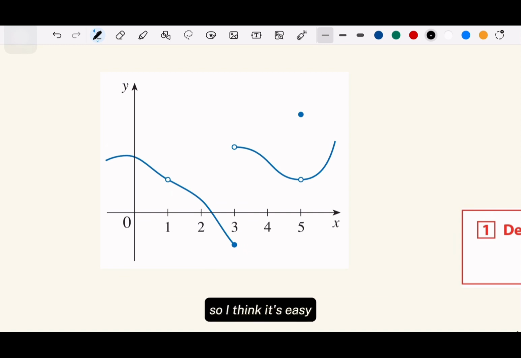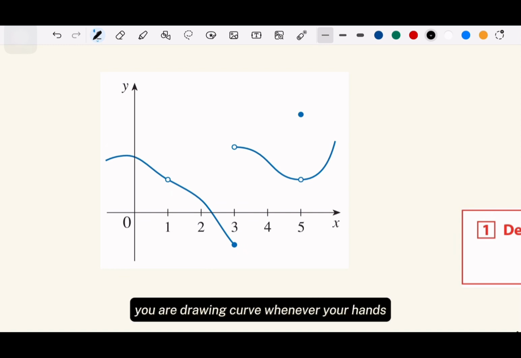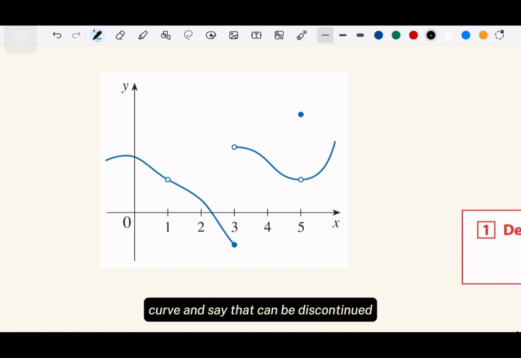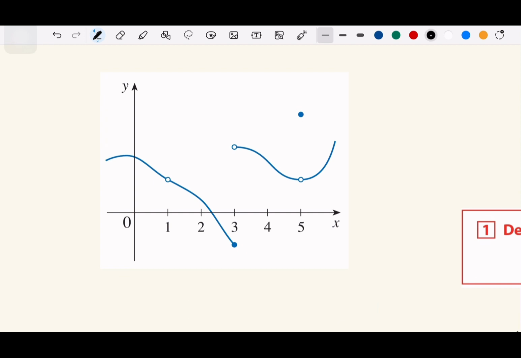So I think it's easy: if you are drawing a curve, whenever you pick up your hand and then draw the curve again, you can say that it can be discontinuous. So it's not a continuous function.